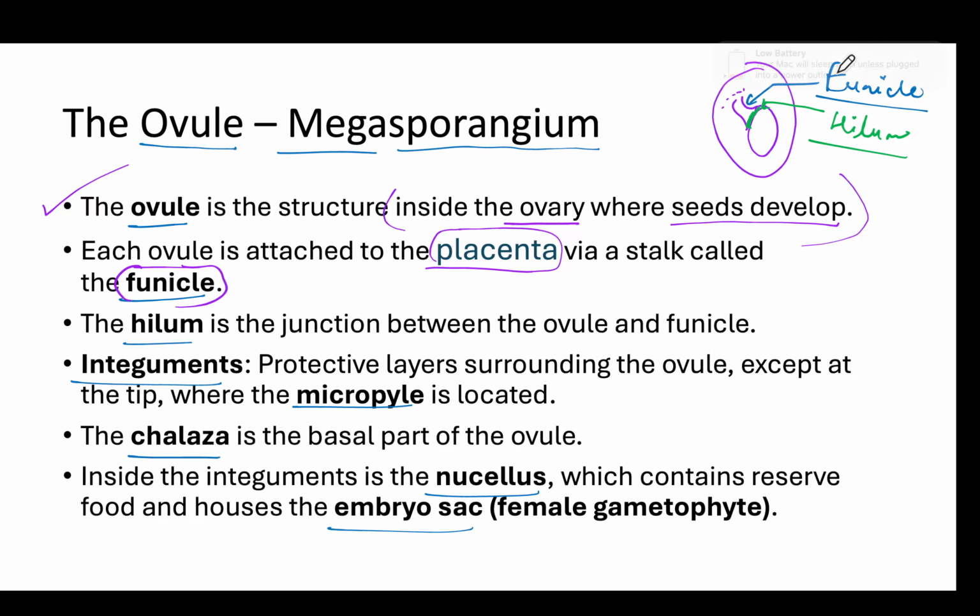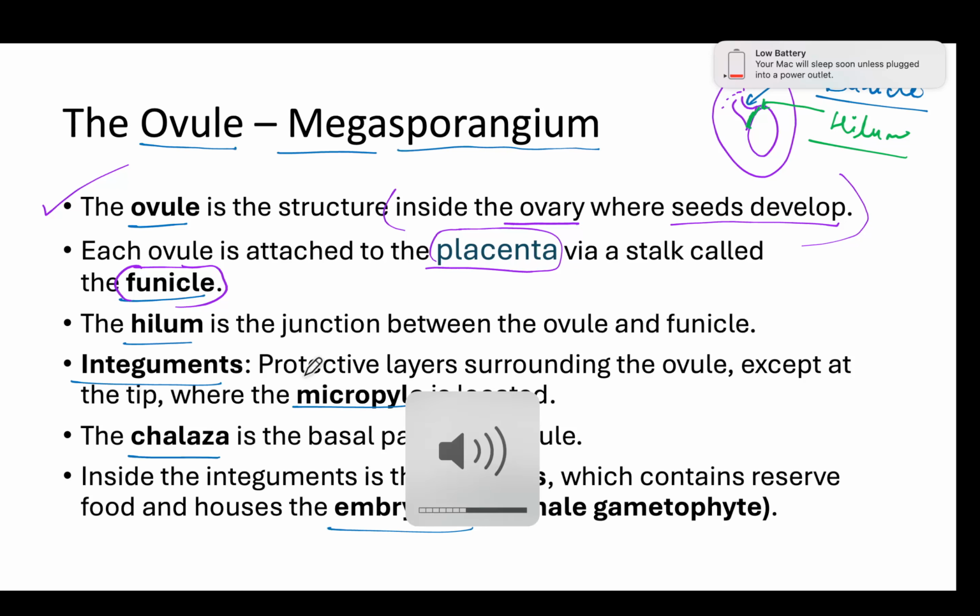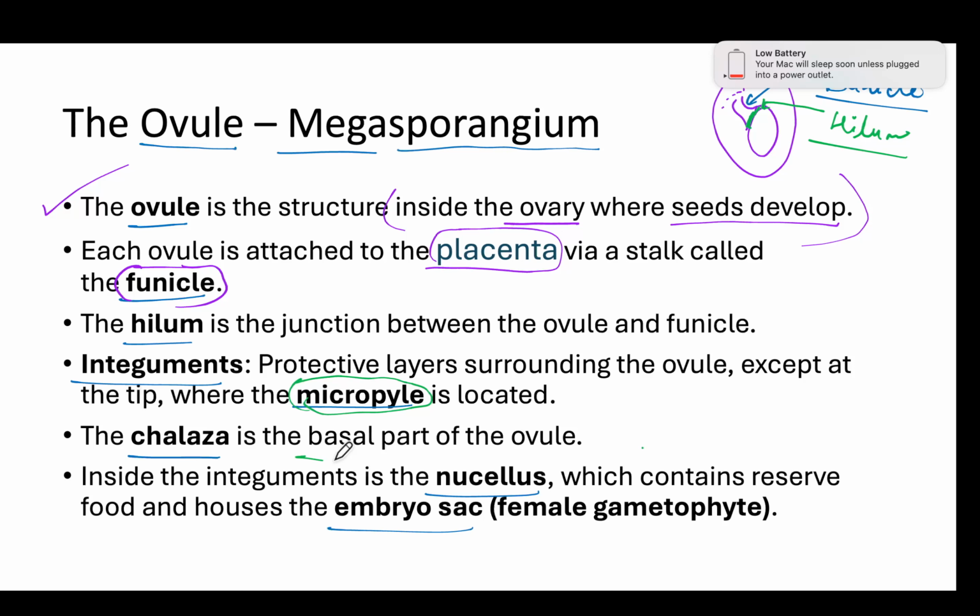Funicle and hilum. Integuments are protective layers surrounding the ovule, and these protective layers are not continuous. There is a gap, an opening, we call it the micropyle, which is present at the top. The end where the micropyle is present is known as the micropylar pole, and opposite of it is the chalazal pole, the basal part at the base.